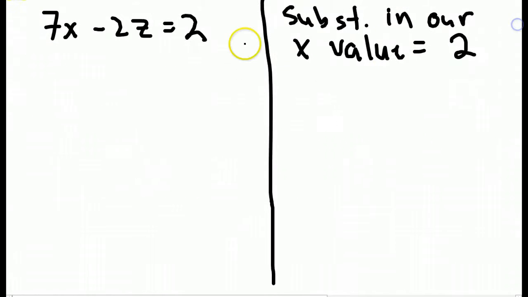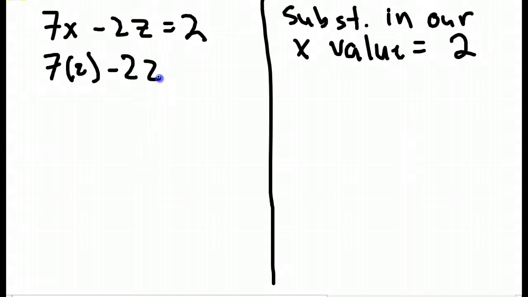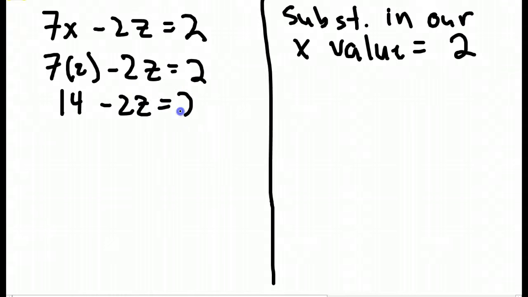So now we have 7 times 2 minus 2z equals 2. When we solve, we get 14 minus 2z equals 2. We have to subtract that 14 over, so we get negative 2z equals negative 12.